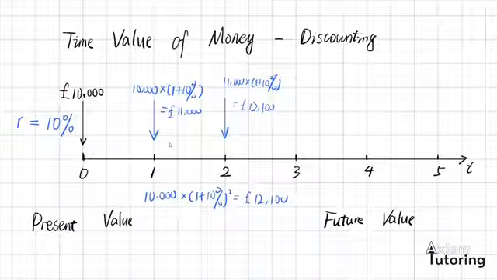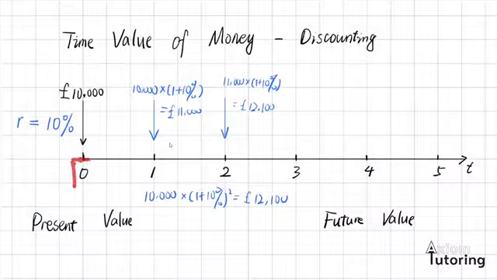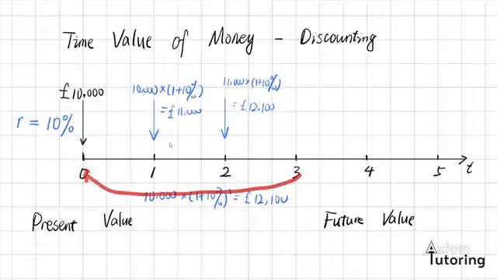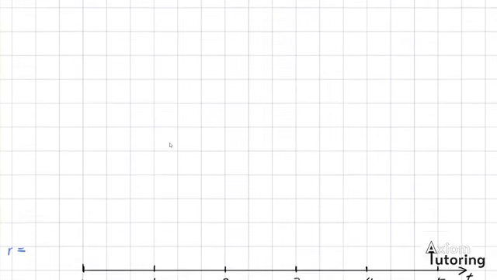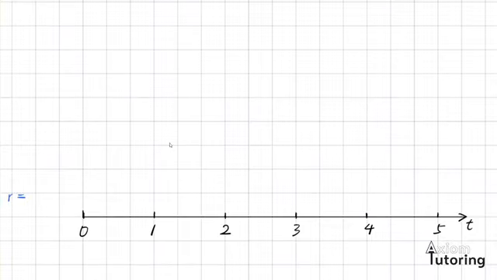So what happens if we have an income or a cash flow in the future rather than at t equals 0? We have to discount it back to the present time and get a present value. We'll use another example here. We're going to change the constant discount rate to, let's say, 8%.